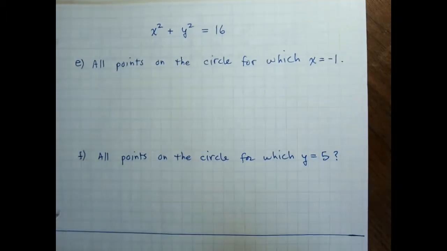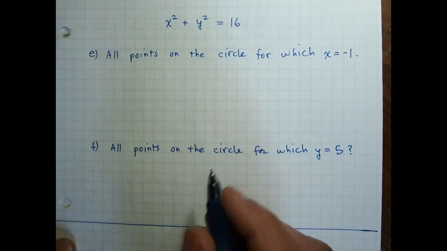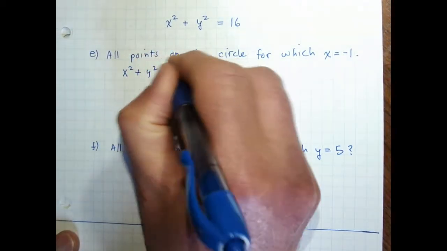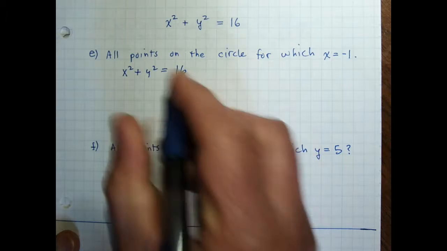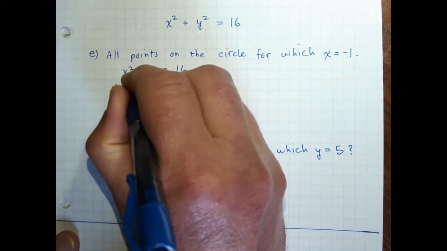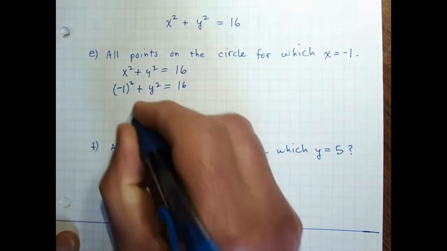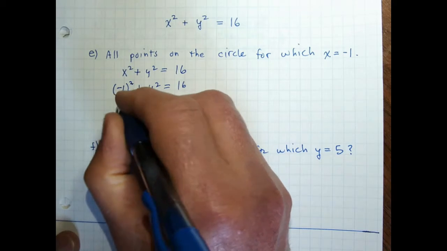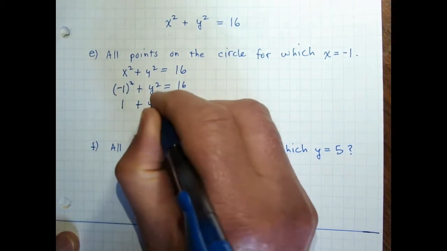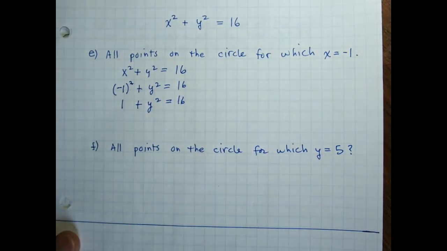And it keeps going. Part E is what if x is equal to negative 1, so same equation. When we plug in negative 1, we have to be aware that we're taking negative 1 in parentheses squared plus y squared equals 16. Like what we saw happen with the y's, a similar thing is happening here. We get positive 1 plus y squared is 16, because the negative number squared is positive.